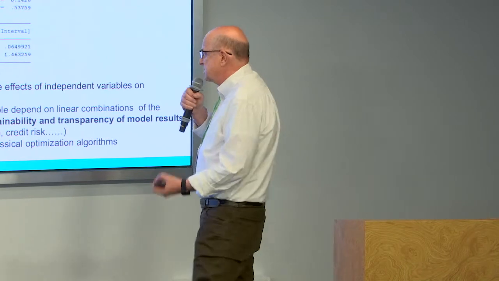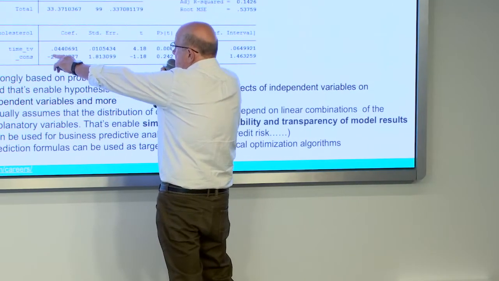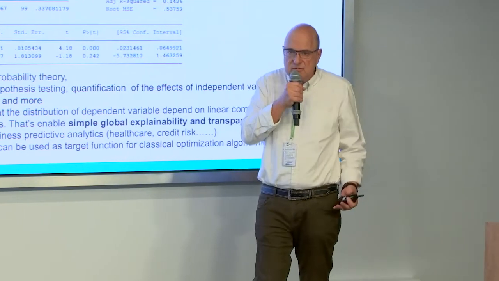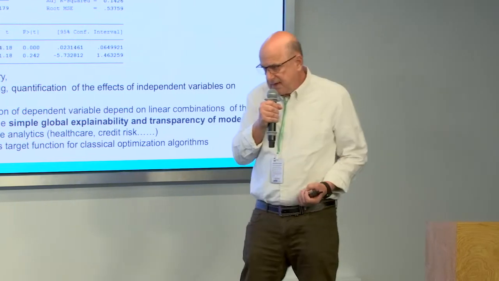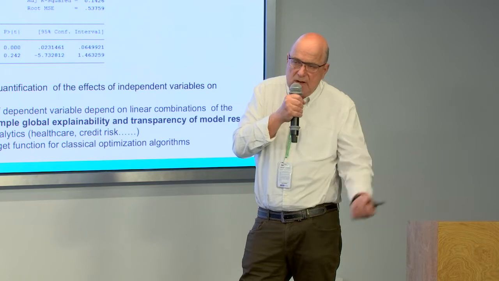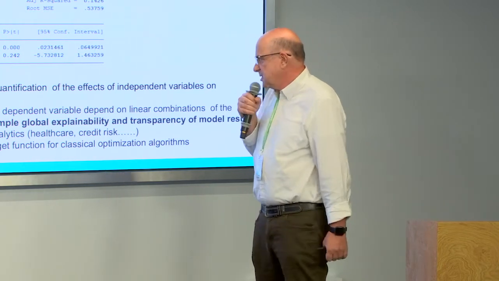Very easy, very straightforward. Here we see that the number is 0.044. What is the meaning of the number? The meaning of the number is the derivative. If I watch one more hour, how much will it increase my cholesterol level.